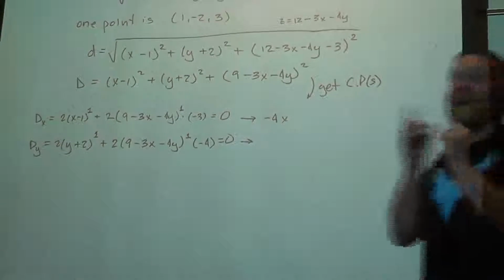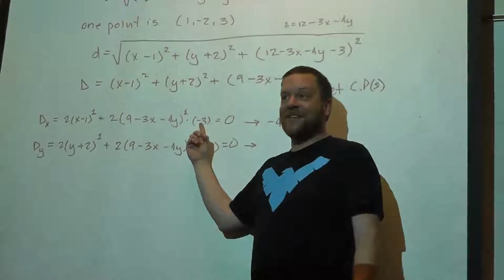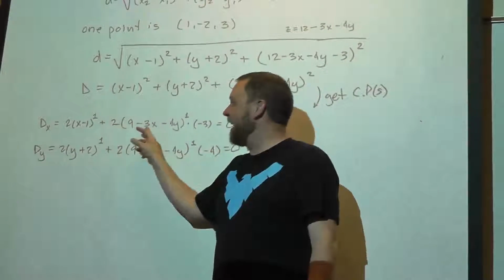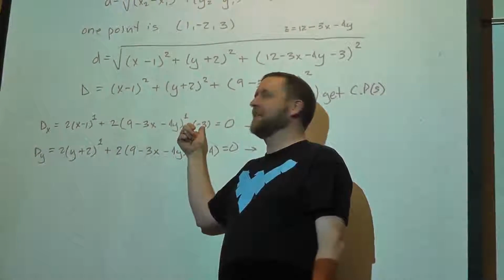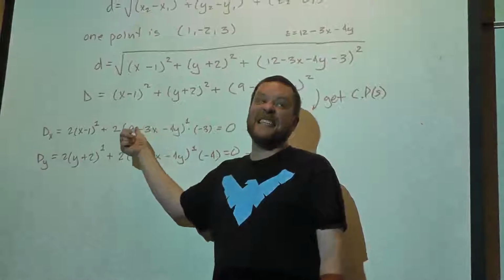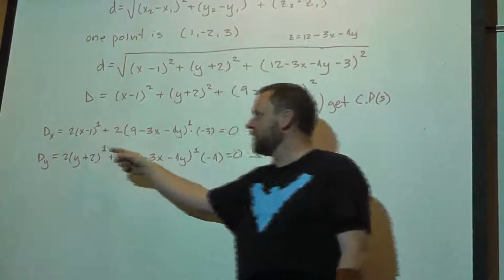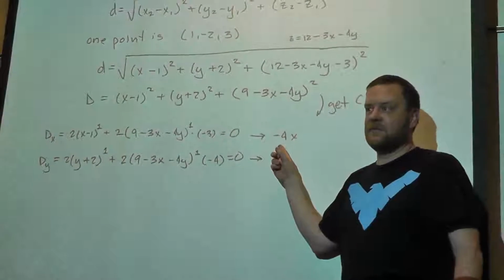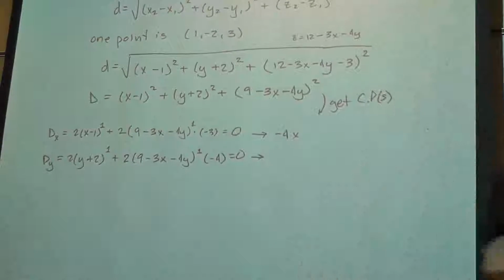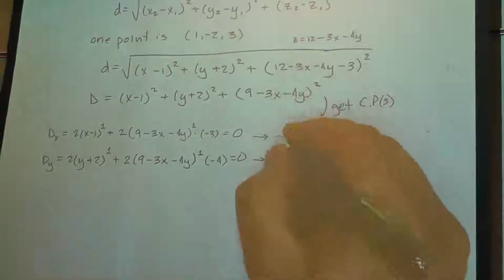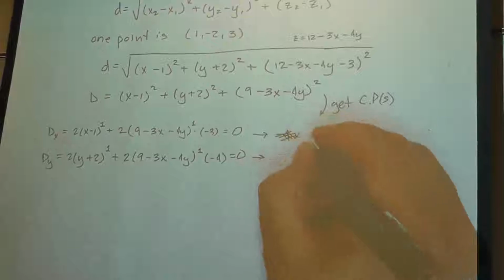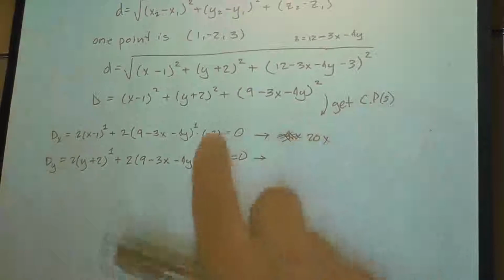But I caught it, so it doesn't count. I forgot this guy right here. This is technically negative 6x times negative 3, so it's really positive 18x, and with 2x, 20x. Okay. So scratch that. Watch out for that chain rule multiplier.